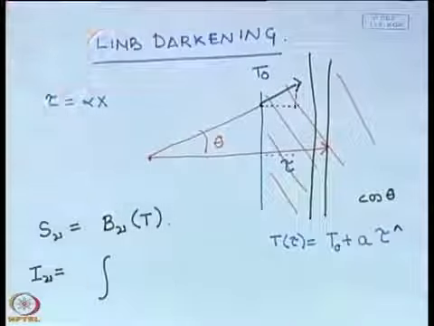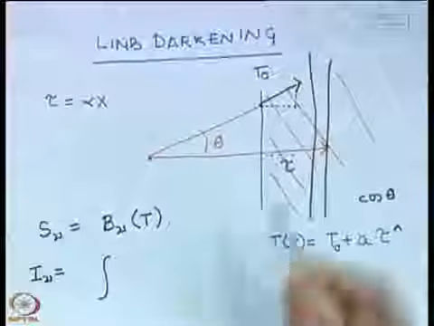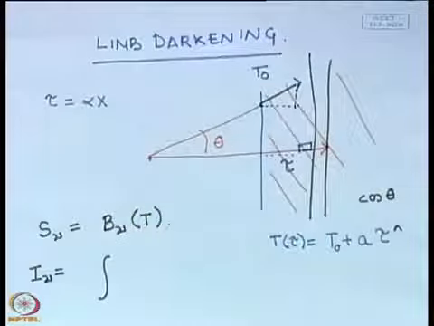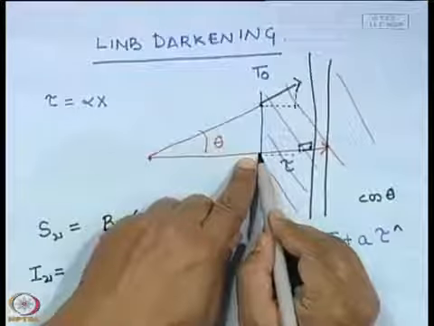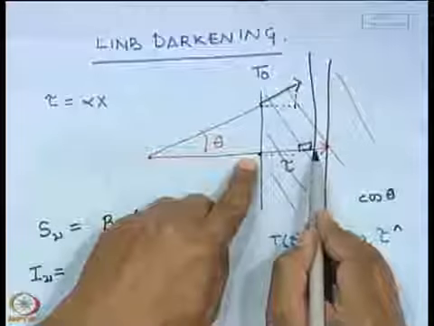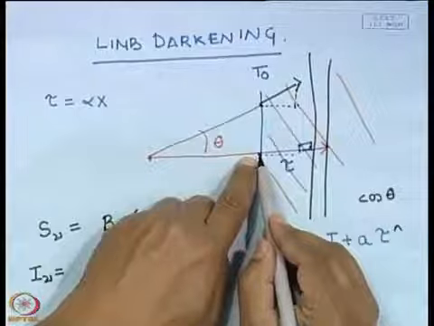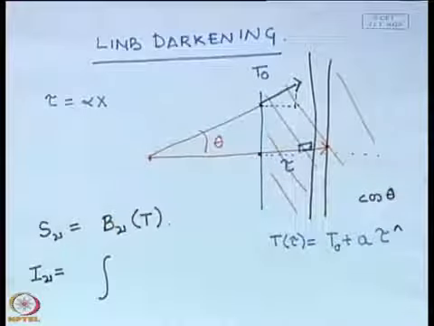So what is the solution? We have to take the contribution from each element over here, and the radiation from here, when it propagates to here, will be attenuated by a factor e to the power minus tau. That is the main thing, and you have to add up the contribution from all such elements as you go in.